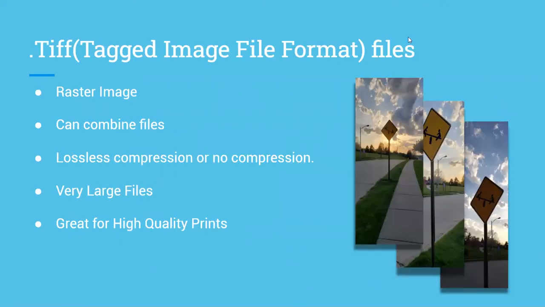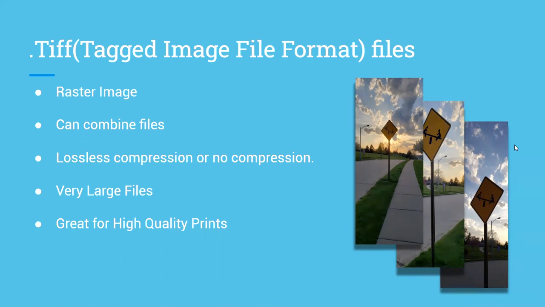Our next file format is known as TIFF. TIFF, or Tagged Image File Format, is another type of image that supports transparency. TIFFs are an interesting file because they can combine several files into one document that works like a text document. They also have the option to save without any compression or lossless compression. Their ability to save uncompressed makes them the largest file format on our list in this video.